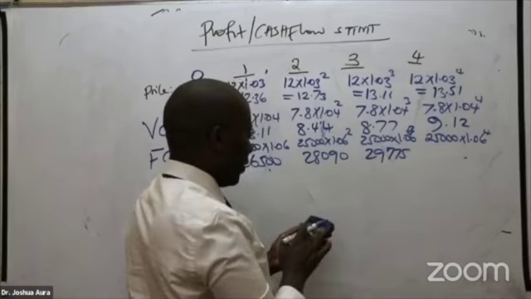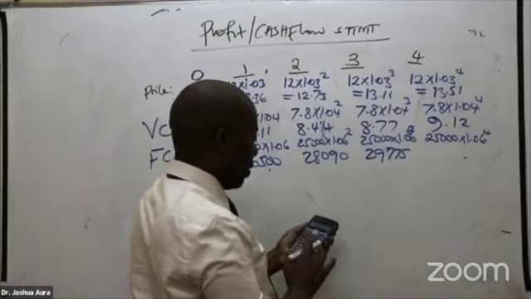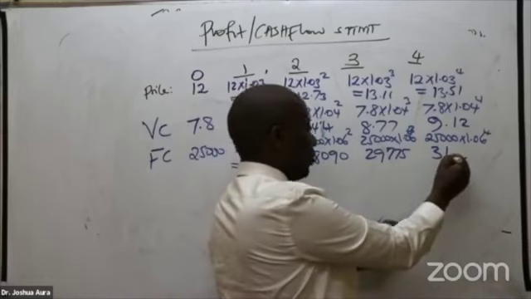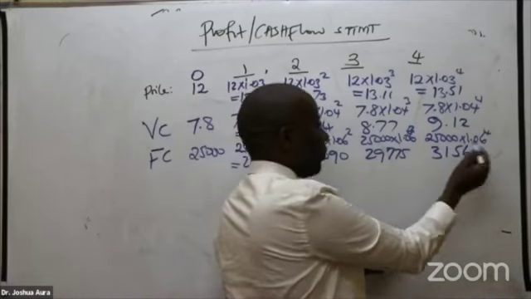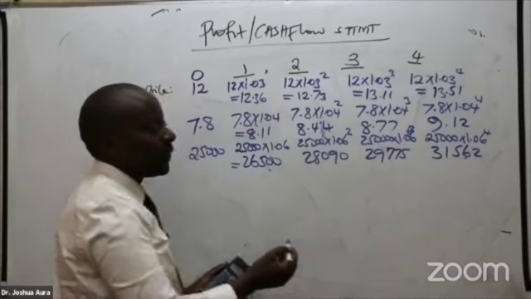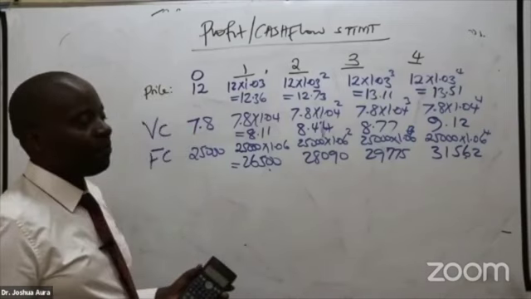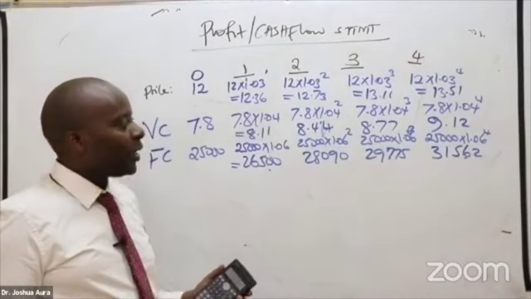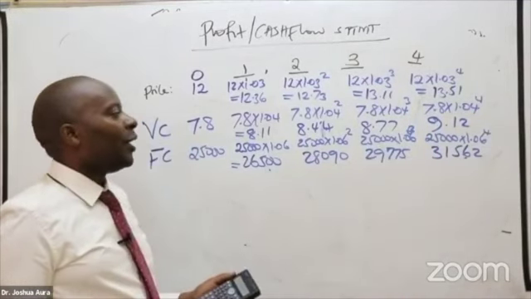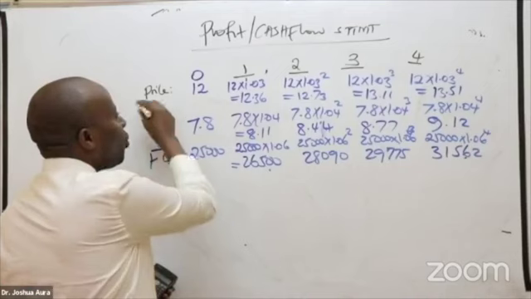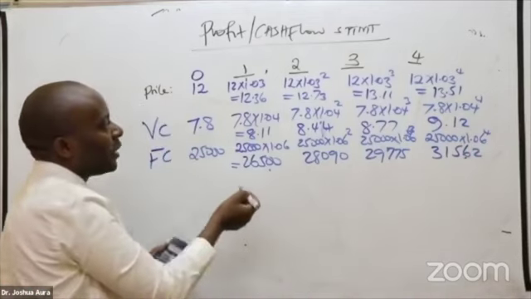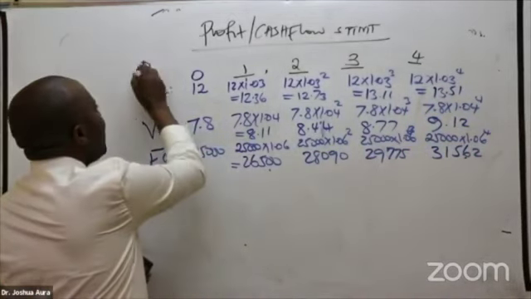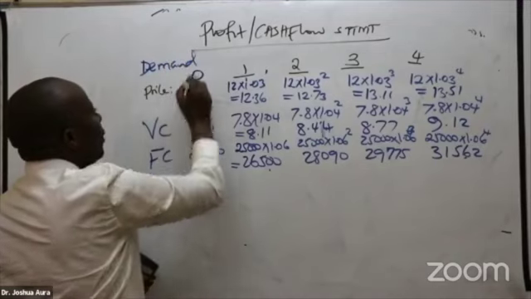Then raised to power 4, which gives us 31,562. Now, ladies and gentlemen, I would want this to go as a working. This is a working. And I would want us, in this case, to move straight away to the totals.